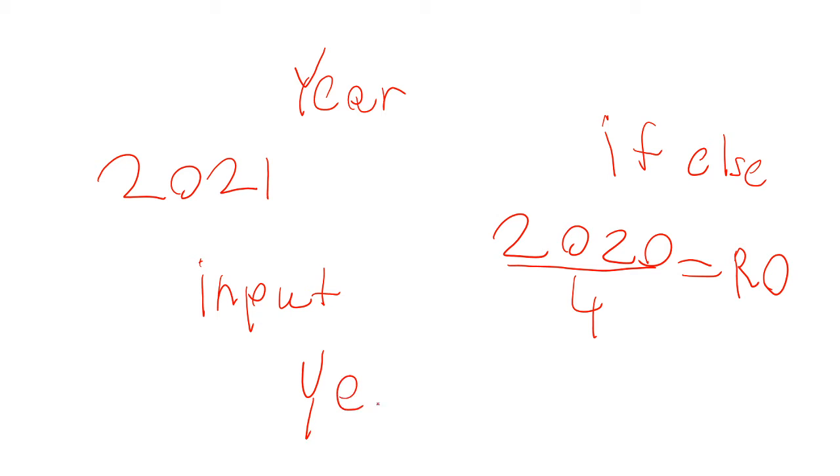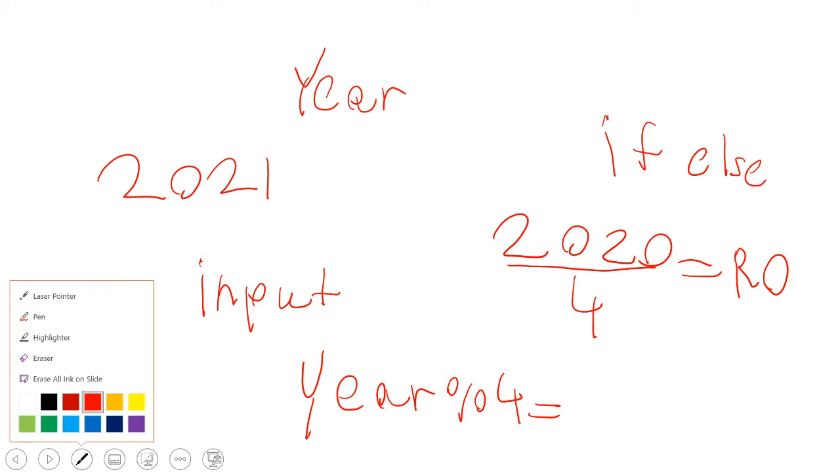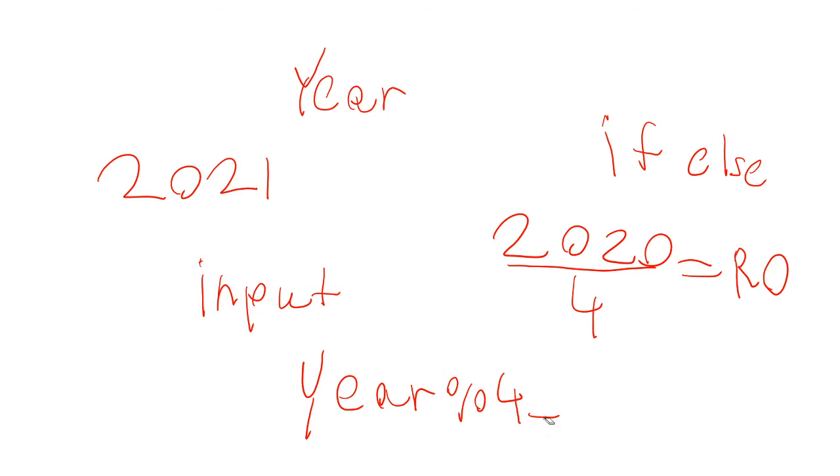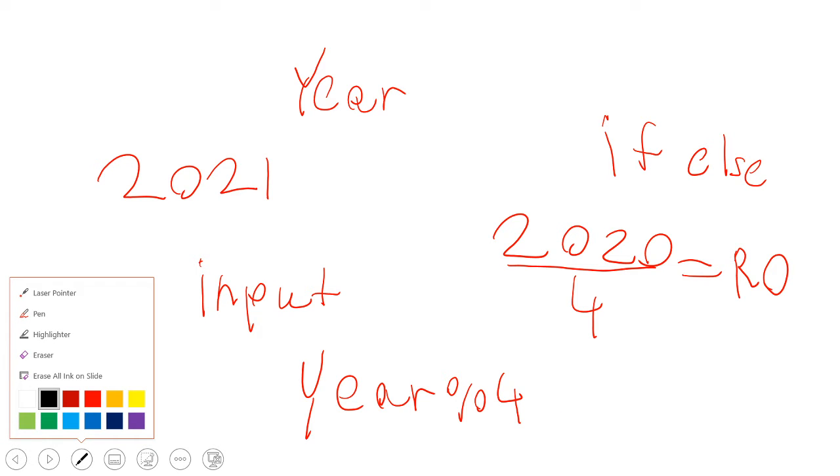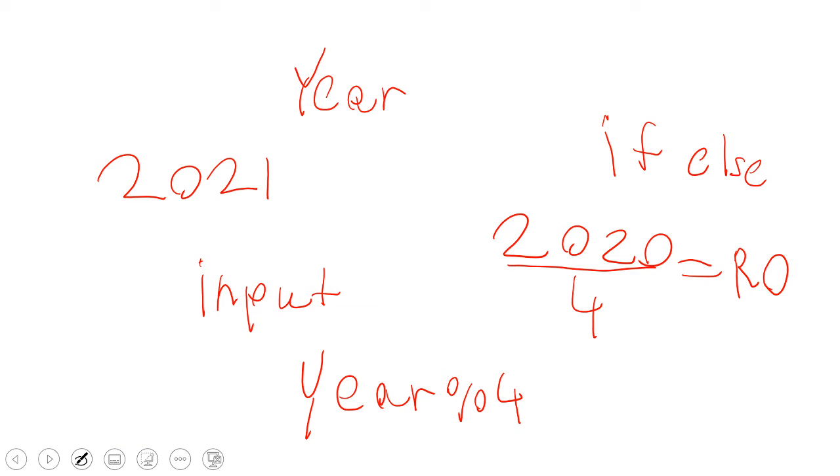So we notice that in any given leap year, year modulus 4 is going to be equal to 0.